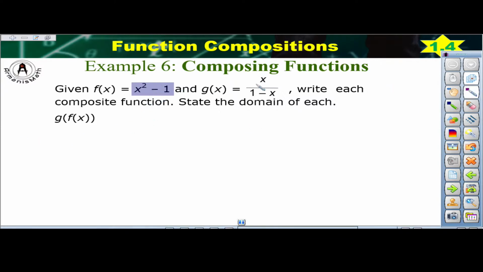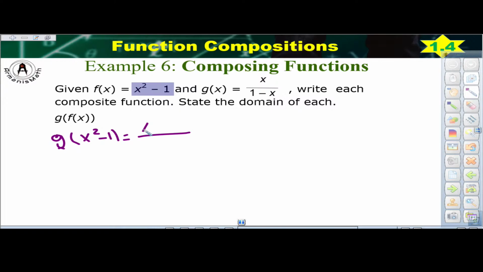I'm going to take this box and again put it wherever there is an x. So basically what I'm saying here is I have a g of the entire function, which is this f thing. G of this blob. So I'm going to go to the g and plug into or substitute x squared minus 1 whenever I see x.